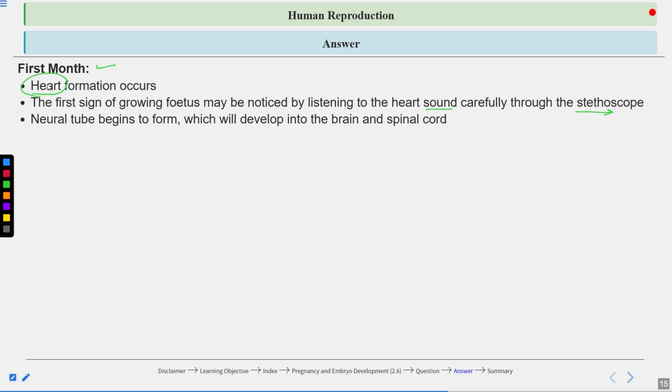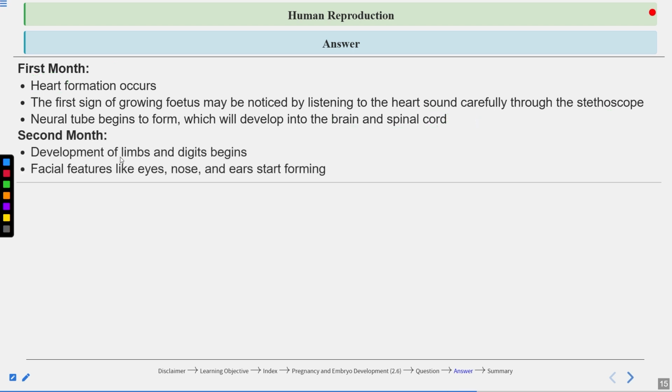When the heart is formed, it can pump the blood, and blood can reach various organs, various parts of the body. You can listen to this sign of the growing fetus through a stethoscope. A neural tube begins to form, which will develop into the brain as well as the spinal cord. Brain and spinal cord form the central nervous system.